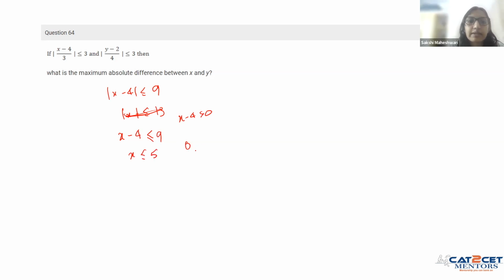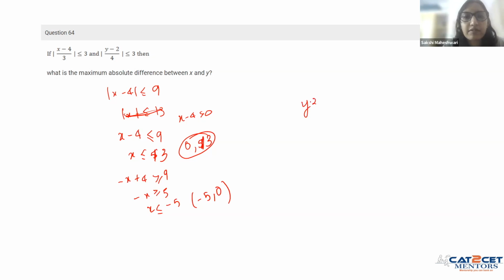So one range is 0 to 5, and then the other is this. And similarly, you can find out for y.